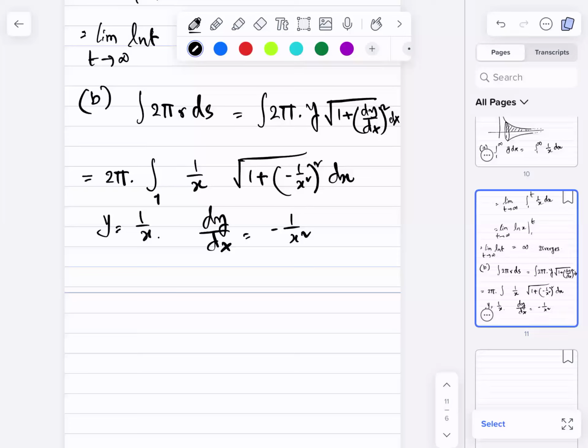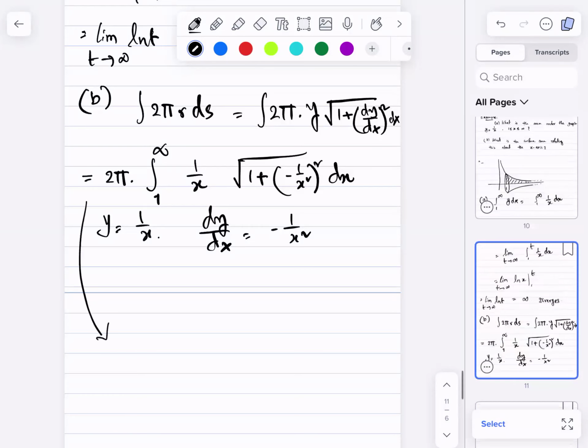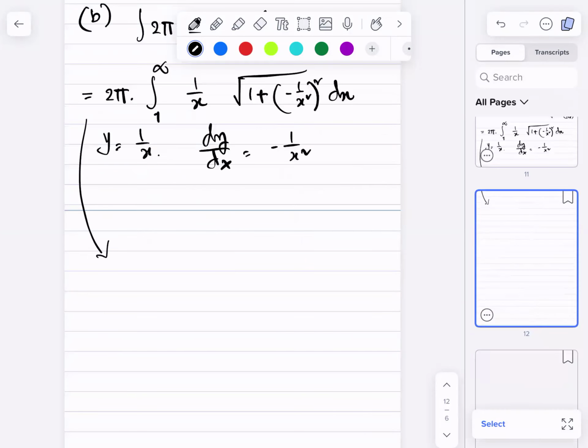Your lower limit should be 1 and upper limit should be infinity. If you carry on with that, this will be 2 pi times the integral from 1 to infinity of 1 over x times the square root of 1 plus 1 over x to the 4, dx.